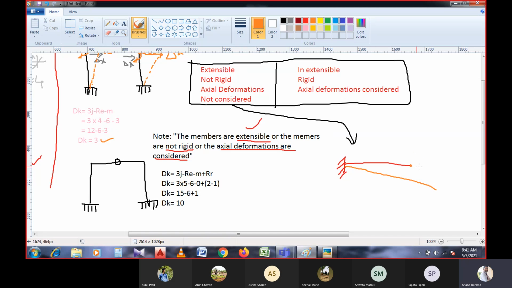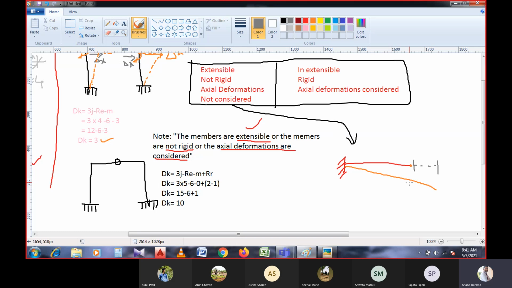Right? So here I could mark another point, and this is the deformation, and this is extensible. Since it is extended, the body is automatically considered not rigid. Am I right? If it is extended, then the body is not rigid.